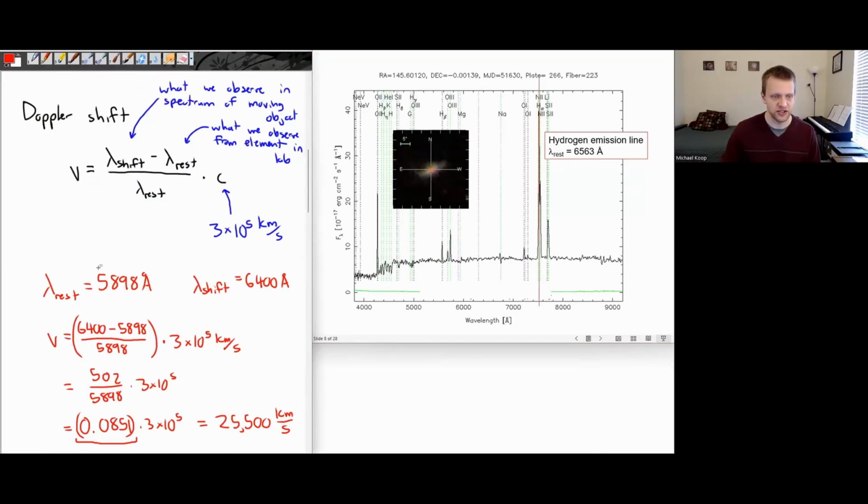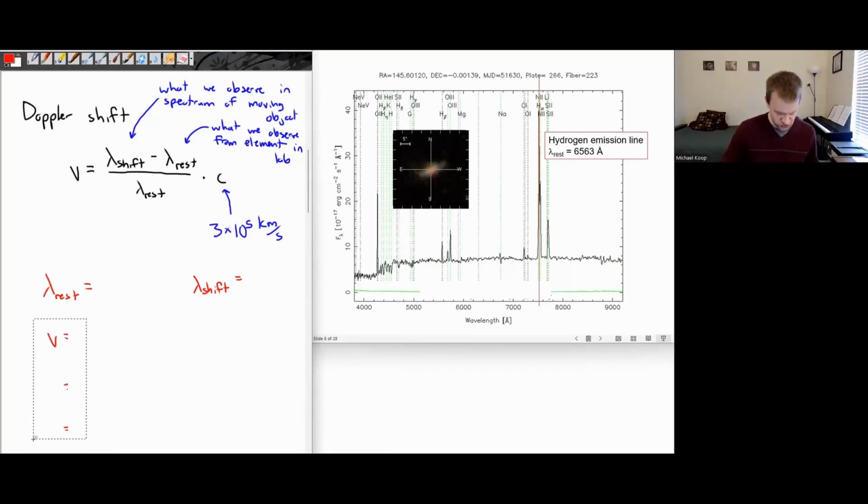So for this galaxy, we have this hydrogen emission line. Let's erase some of this stuff. So we've got this hydrogen alpha line, and if we are looking at hydrogen in the lab, that wavelength shows up at 6,563 angstroms.